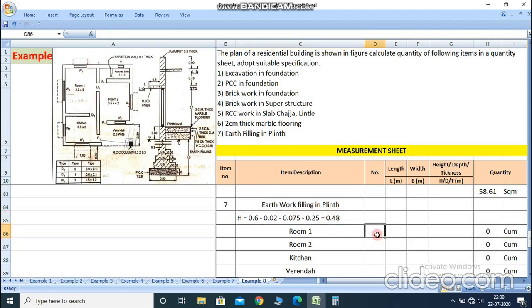So here write for room 1, a single one is given. Then room 1 length is 3.8, then width is 5, and the height of the earth filling, we already calculated, so write here 0.48. Same for room 2.